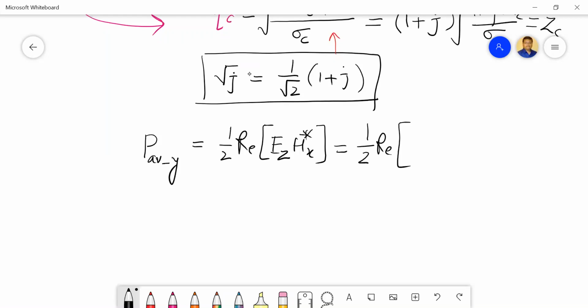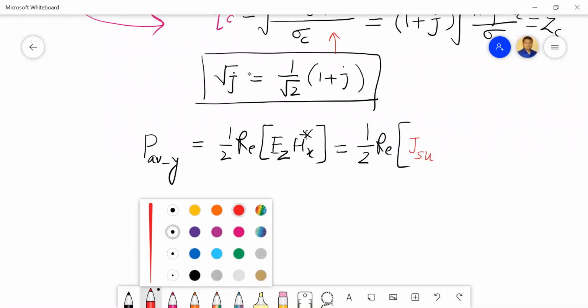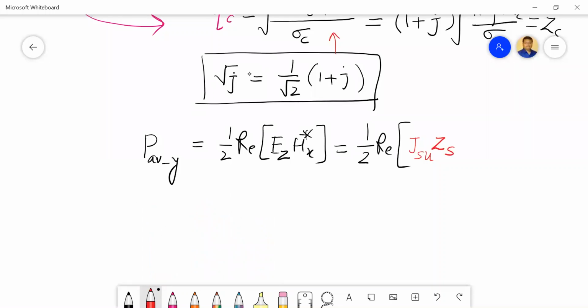So it is better to write this Ez in terms of Zs and Js. Here I am writing for the upper plate only. So ZSU, and Hx will be JSU star. It is quite straightforward.